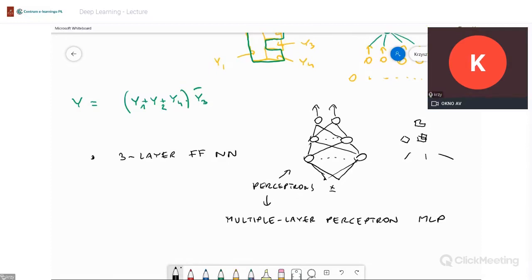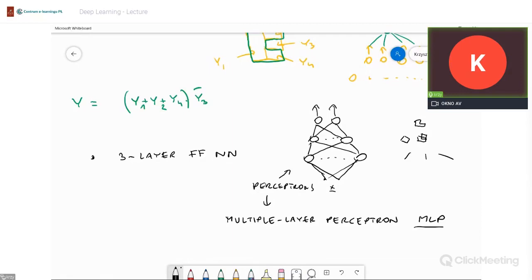And the term MLP is being commonly used just for labeling or for naming multiple layer feed-forward neural networks, even if they don't have a step nonlinearity.